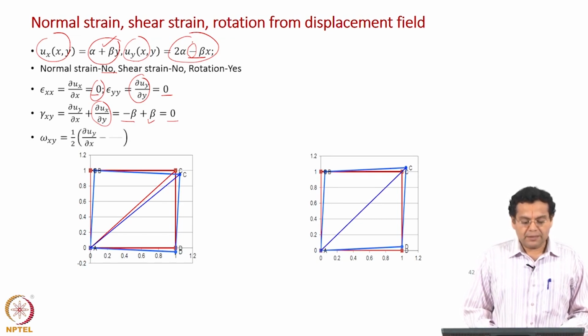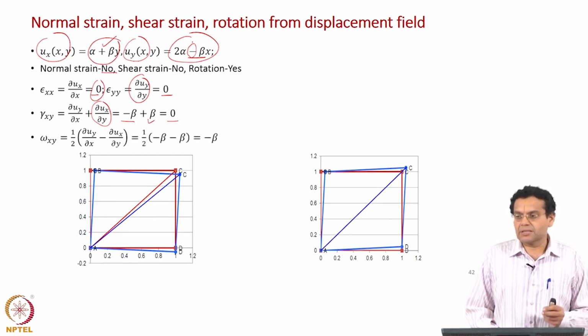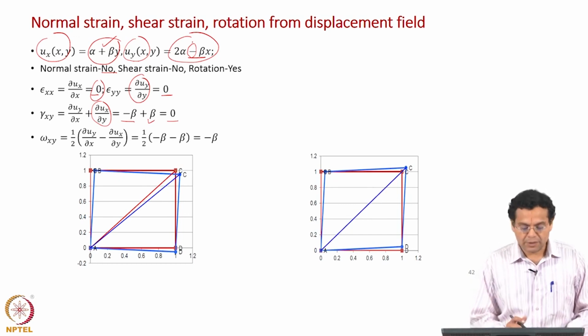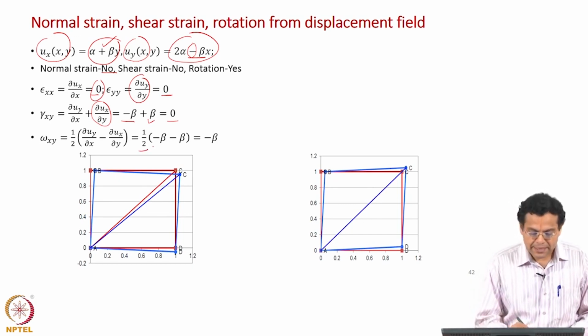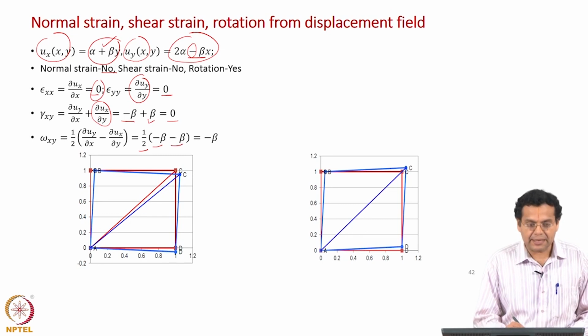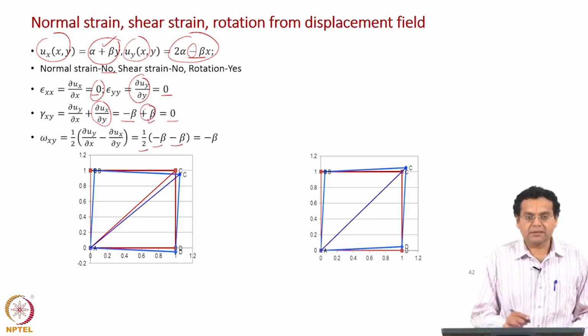Omega xy is half of the earlier same derivatives with the minus sign. We also discussed how to remember that. So, now it is half of minus beta here, but earlier it was plus beta, it just got cancelled.